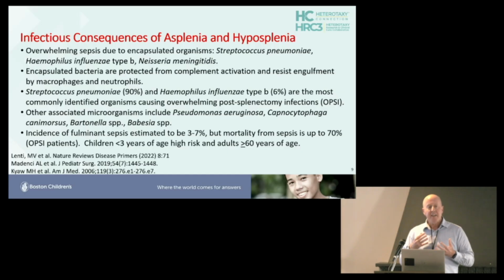The reason that encapsulated bacteria are so dangerous is that the capsule protects them from complement activation, and they are not easily engulfed by the macrophages. So if you lack a spleen, you're not going to be able to produce that IgM that binds to those capsules and activates the complement, allowing the macrophages to engulf them.